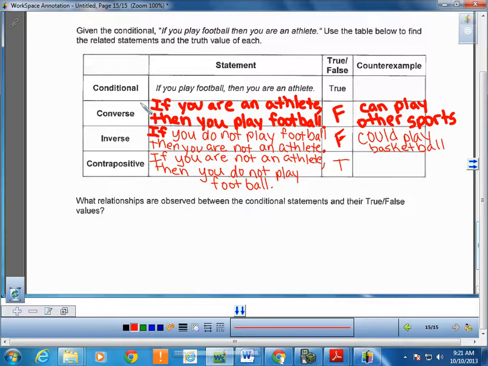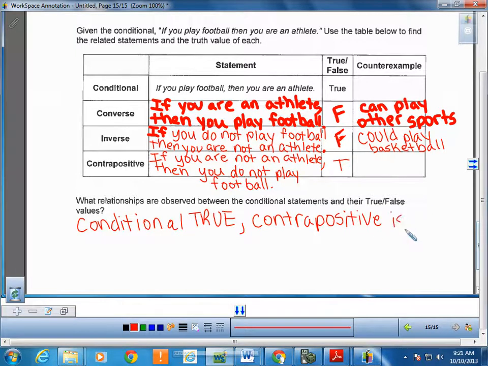So when your conditional is true, the contrapositive is true. And when the conditional is true, the converse and the inverse are false.